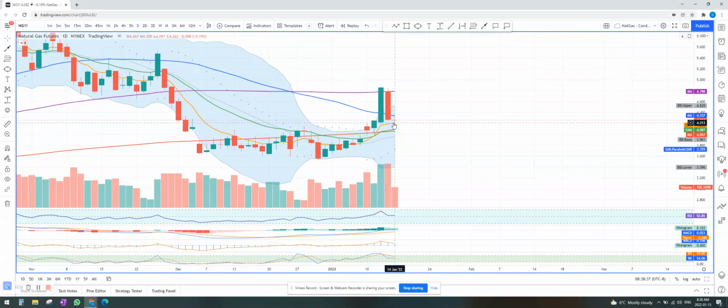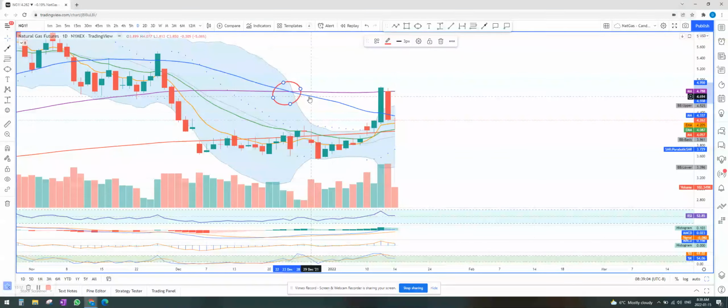For now, we have an undefined state. The odds are definitely bearish, and it is supported by certain indicators. We are seeing some bearish crosses here, like the 50-day moving average crossing the 100-day moving average.